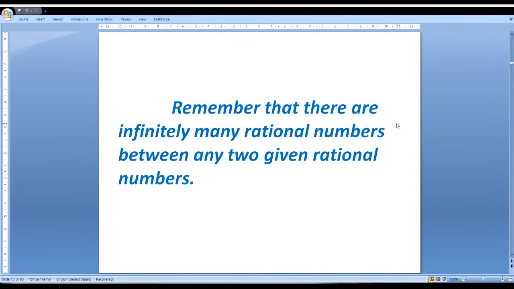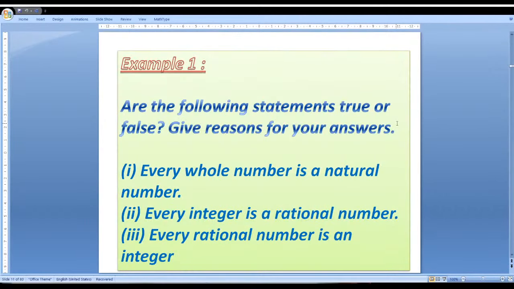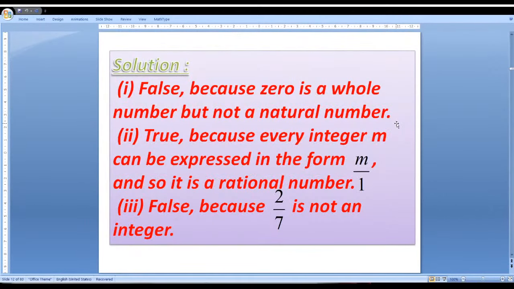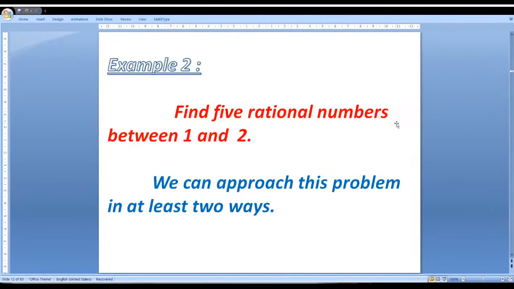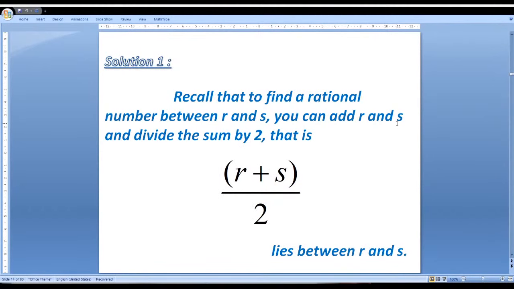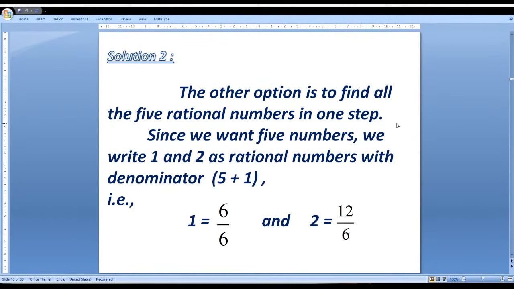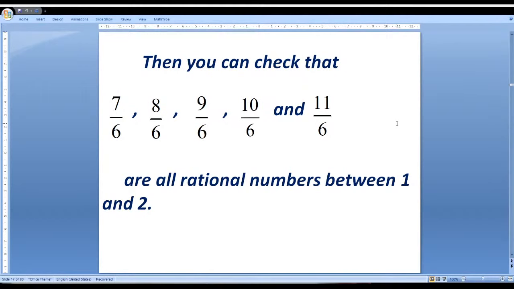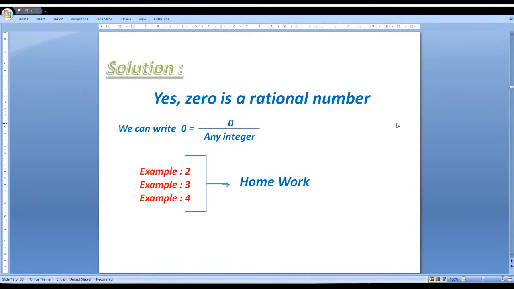Definition of rational number, and then we have taken an example of how to find rational numbers between two given rational numbers. Then I have also given you 2-3 examples as homework.